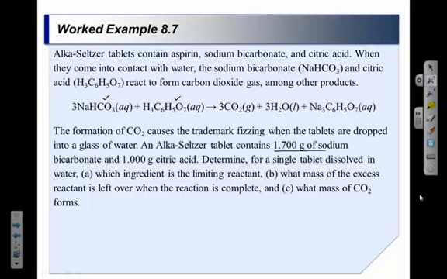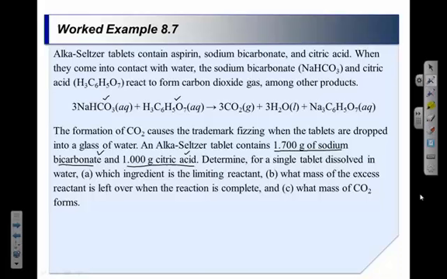So a tablet has a specific amount of sodium bicarbonate, a specific amount of citric acid. If you're taking Alka-Seltzer to calm an upset stomach, is it more likely that the bicarbonate or that the citric acid is the excess reagent? Does it make sense to put excess acid in your stomach if you're not feeling well? No, probably not, right?